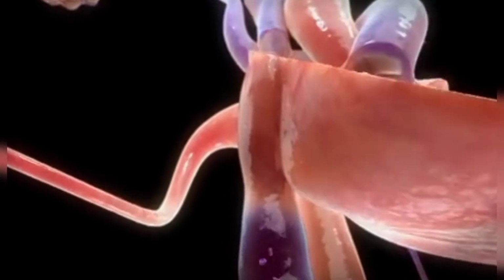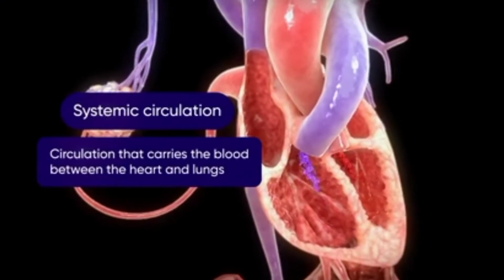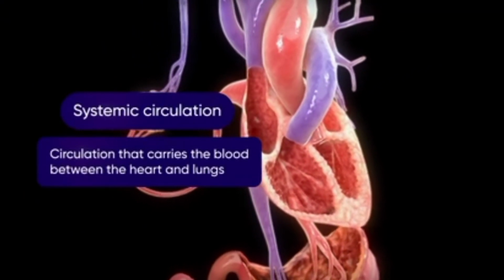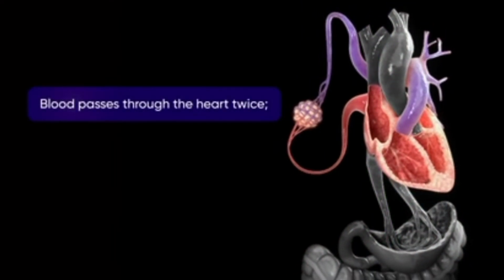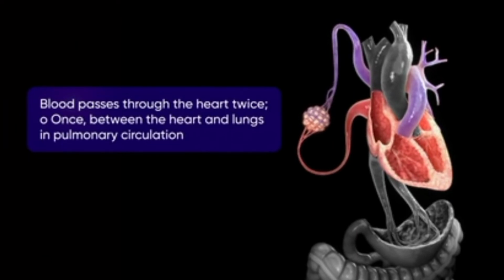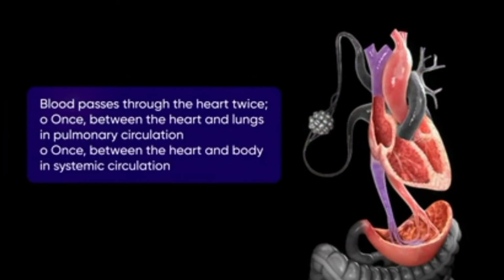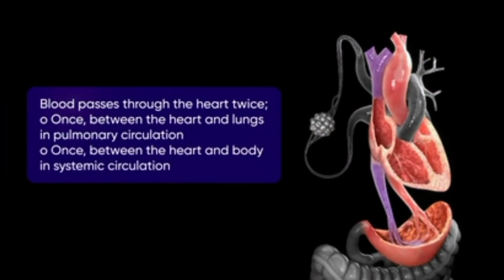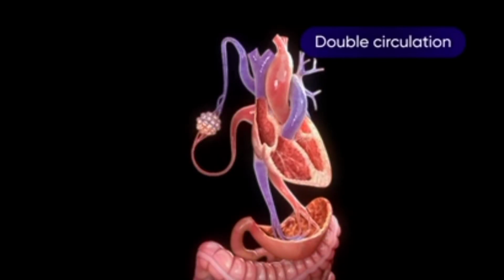This part of the circulatory system that carries blood between the heart and body is called systemic circulation. These circuits make the blood pass through the heart twice, once between the heart and lungs in the pulmonary circuit, and once between the heart and body in the systemic circuit. This is called double circulation.